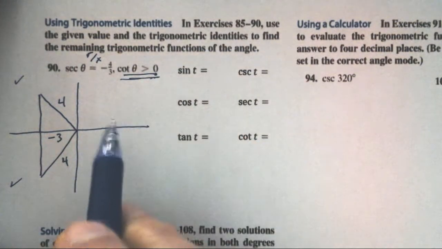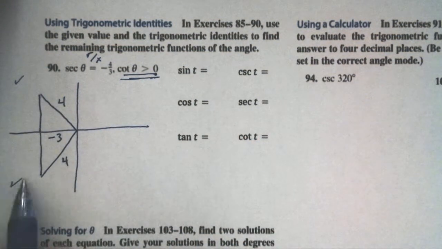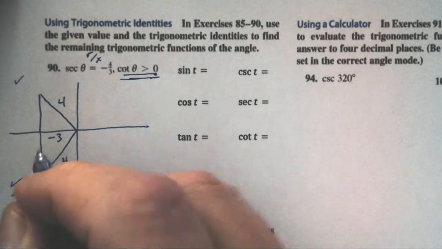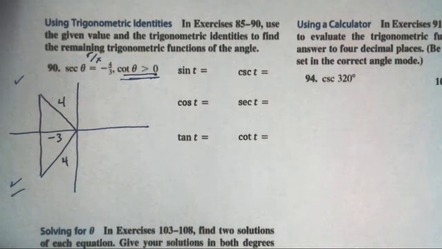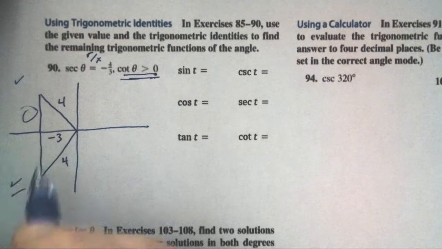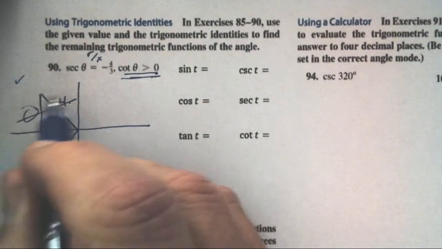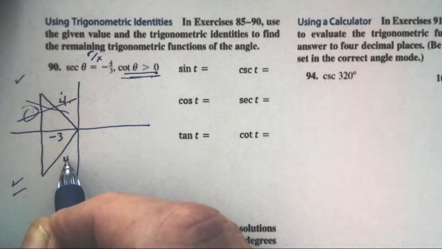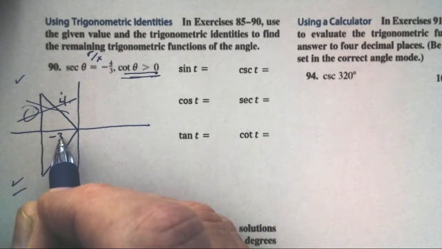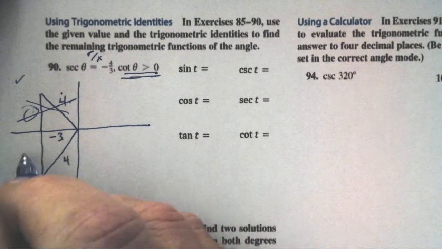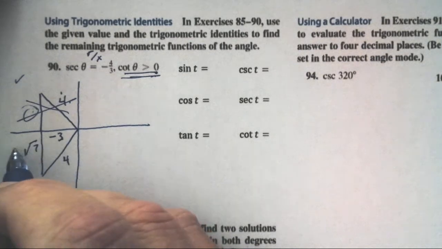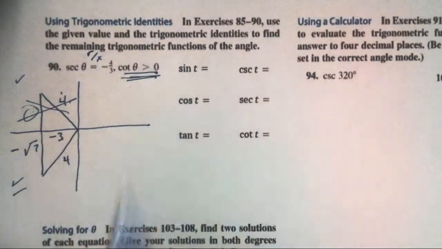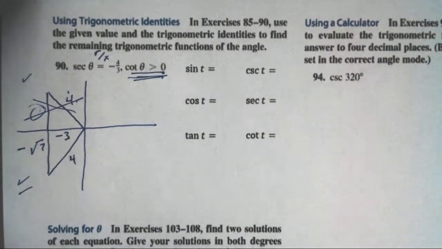And cotangent is positive. All students take tangent's positive here. This is the one we want. Does that matter? It most definitely does, because the y values would be different. This one would be positive, this would be negative. Pythagorean, 16 minus 9, 7, square root of 7, but negative. So that constraint's really important for us.